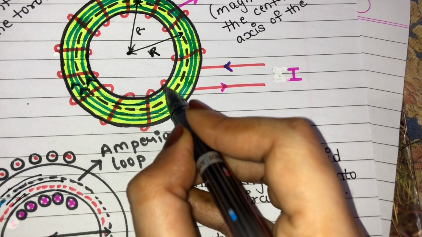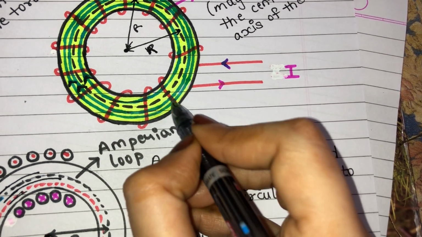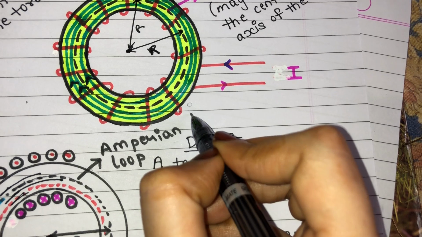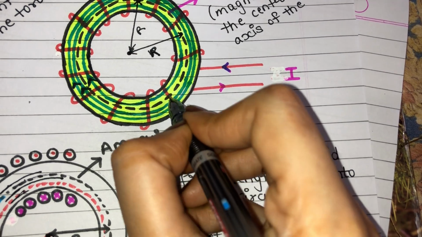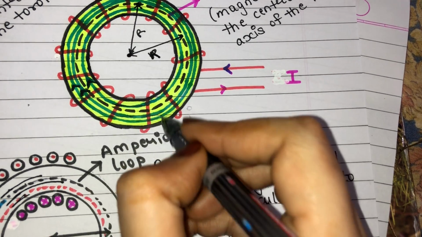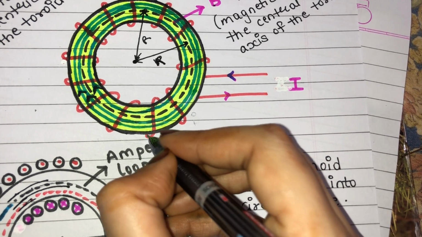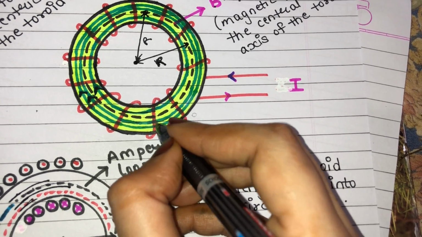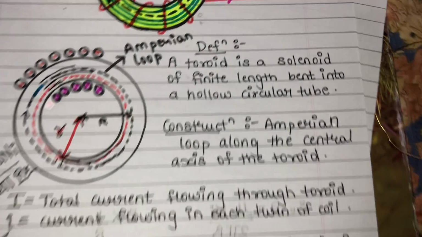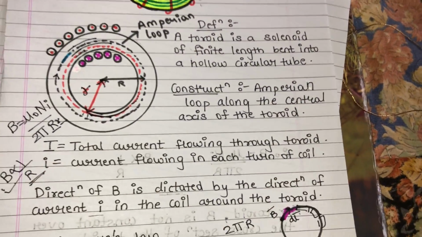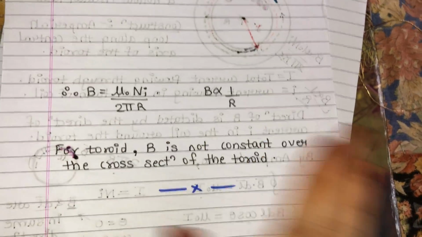If you see the direction of the current in this coil, that is I, you can say the direction of the field at this point. If you find out the direction of current in this coil, then you can find out the direction of the magnetic field over here. So this was all about our toroid, and here our chapter ends.